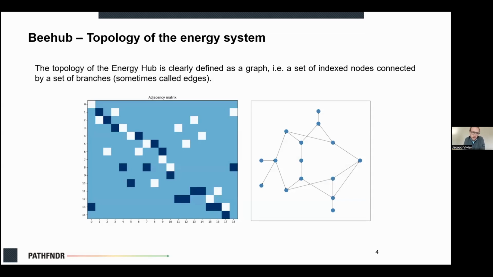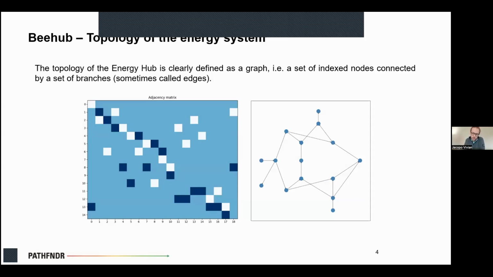I'm just making a couple of slides on the model, and then I will directly switch to the case study and to the results that I guess are more interesting.